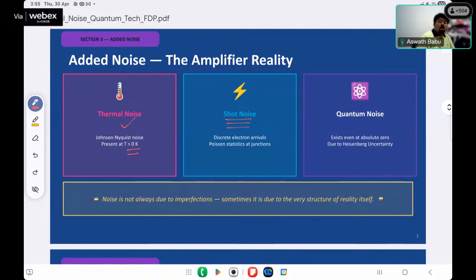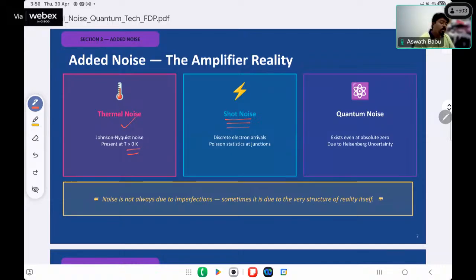For example, electrons can be studied using Poisson statistics or Fermi-Dirac statistics. When it comes to photons, they use Bose-Einstein statistics. Okay, right, so I think this is a part of physics.